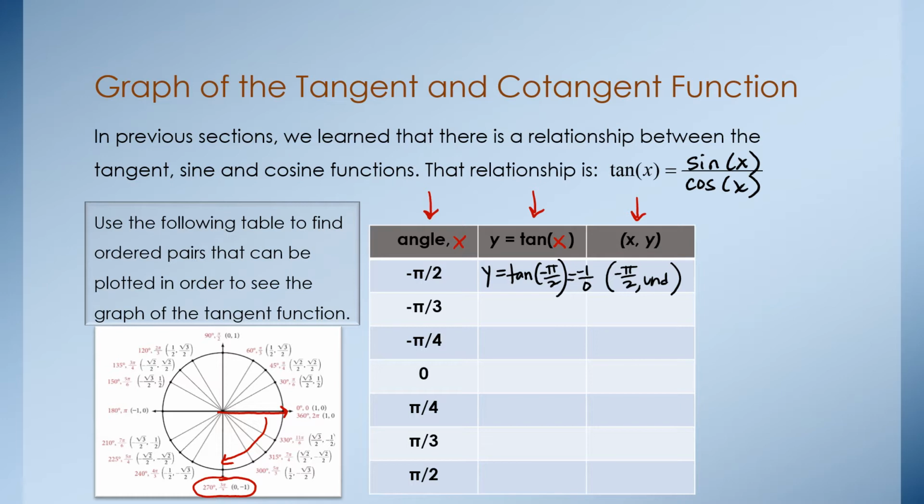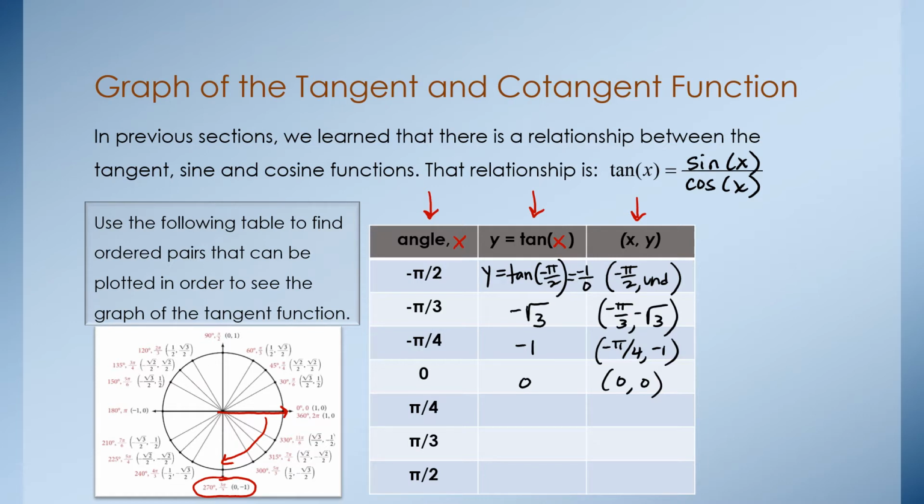Okay, so when I substituted these values in, tangent of negative pi over 3, I got negative square root of 3. That gave me this ordered pair. When I substituted negative pi over 4, I got negative 1. At 0, I'm at 0 over 1, so I'm at 0. So that looks like the tangent function does go through the origin.